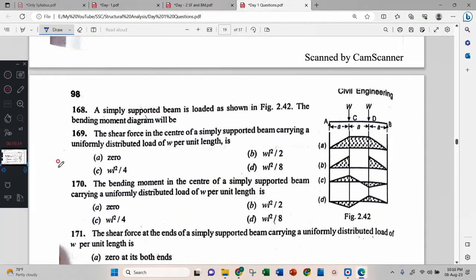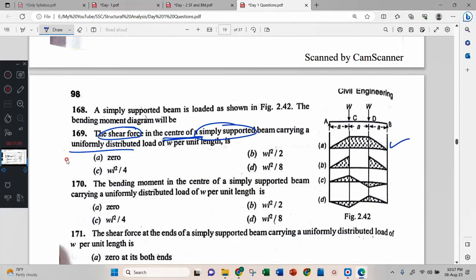Okay. Simply supported beam is shown in the figure. The bending moment diagram will be... A. Correct. Shear force in the center of the simply supported beam carrying uniformly distributed load W. Let's ask shear force for a simply supported beam with UDL, at the center.